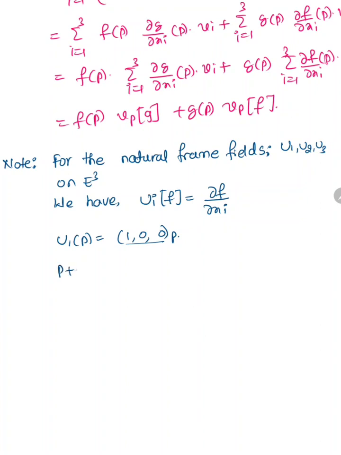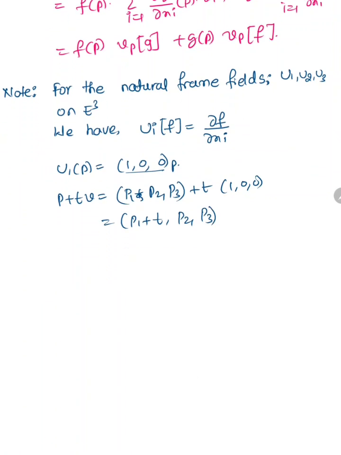Then we have P plus tV is equal to P1, P2, P3 plus t into V, which can be (1, 0, 0), is equal to P1 plus t, P2, P3. Now f of P plus tV is equal to f of P1 plus t, P2, P3.